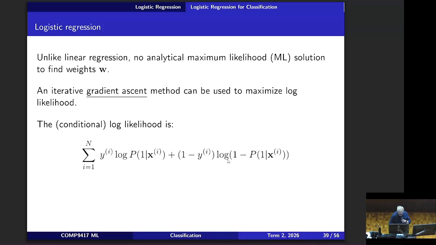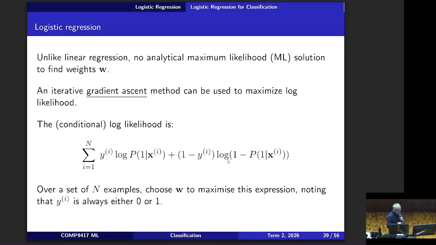You might be thinking, where does that come from? But otherwise it's just what we saw before. Over a bunch of examples, we want to maximize this expression. If gradient descent was minimizing, here we're just maximizing, and you can turn this into gradient descent, as we know, just by using the negative conditional log likelihood.